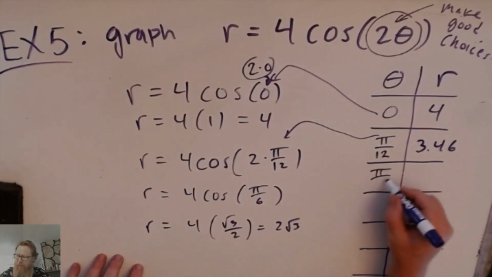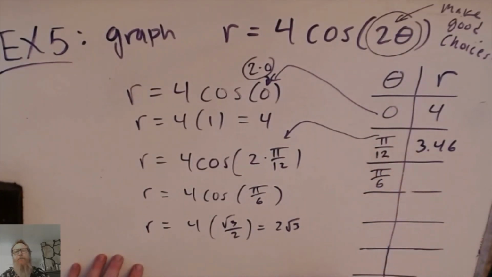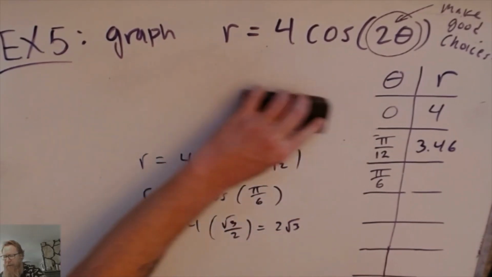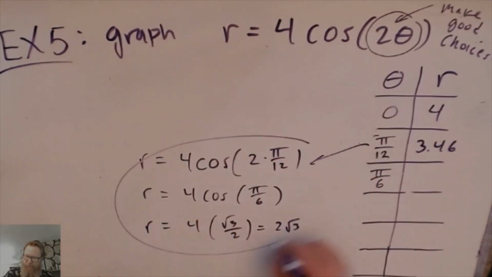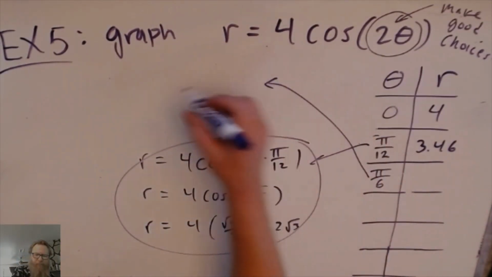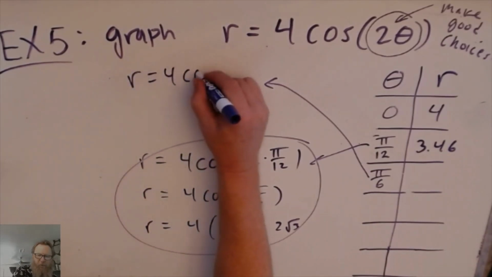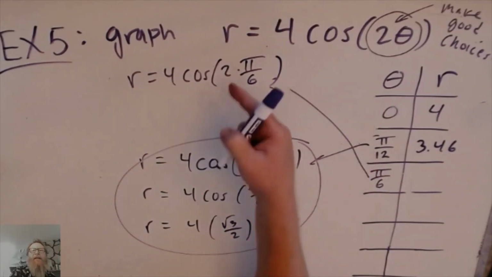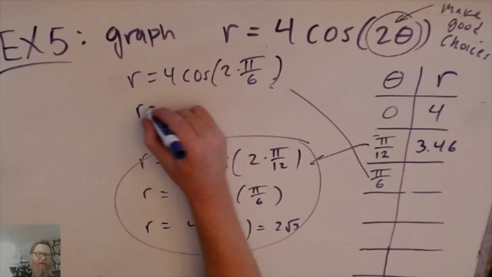All right, so let's go to pi over 6 now. Notice what happens when I plug in pi over 6. It's going to become pi over 3. So I got r equals 4 cosine 2 times pi over 6. That's going to become pi over 3.